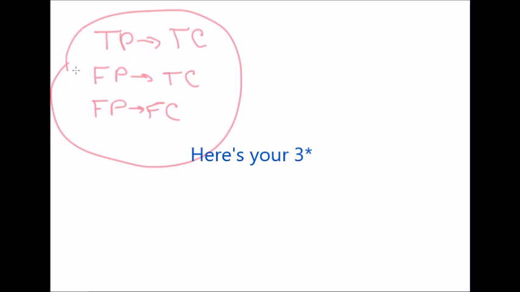You can have completely false premises and a false conclusion. Here are your four that you can have, but you will never, ever, ever have true premises with a false conclusion. This is physically not possible.